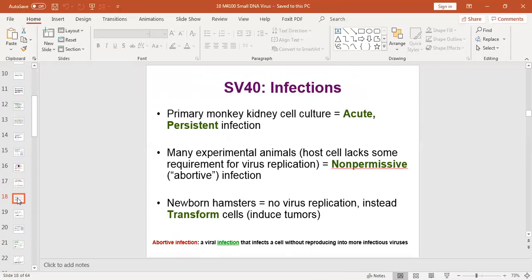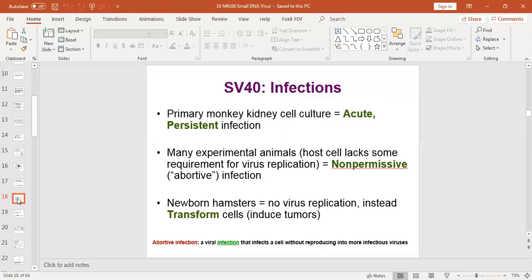SV40 infections. In primary monkey kidney cell culture, SV40 causes acute as well as persistent infection. Whereas in many experimental animal models, where these animals or hosts lack some enzymes or other requirements for viral DNA replication, the disease that we see is called non-permissive infection or abortive infection.